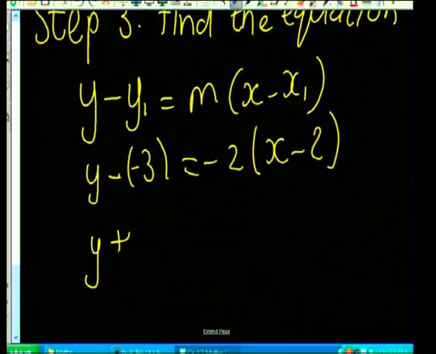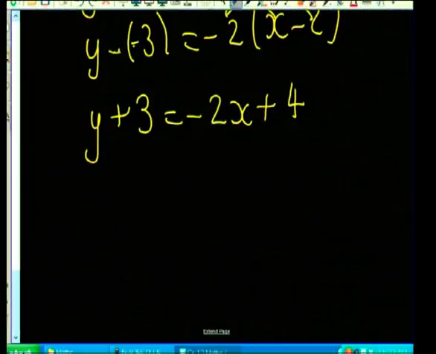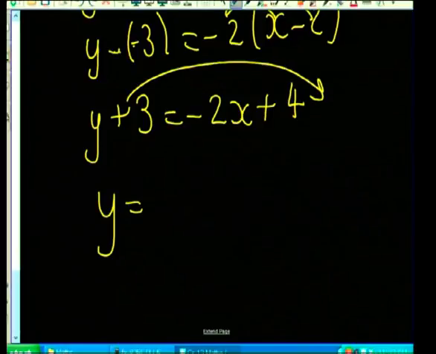Let's get rid of those brackets. Negative times a negative is a positive. Multiply that in there: negative 2x. Negative times a negative again is a positive. Now let's get the y on one side and the rest to the other side. Take this over.